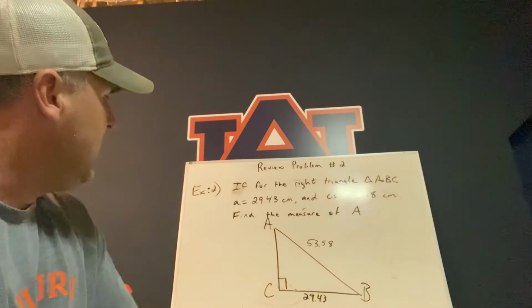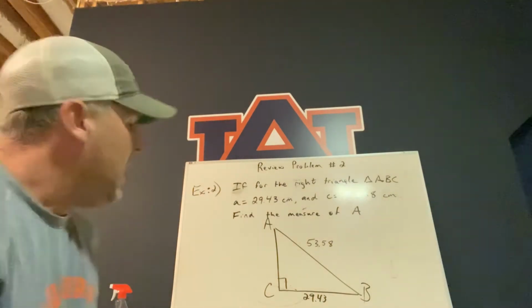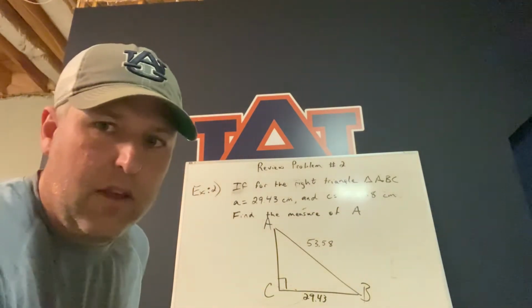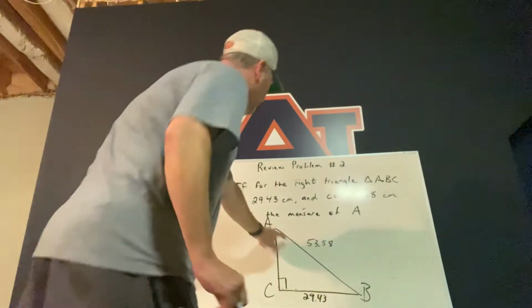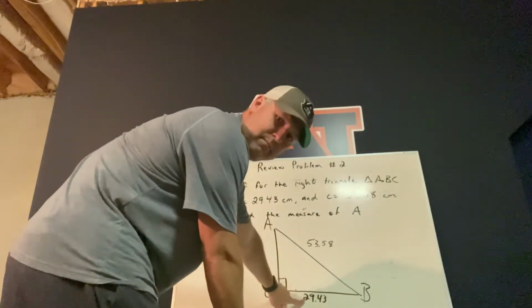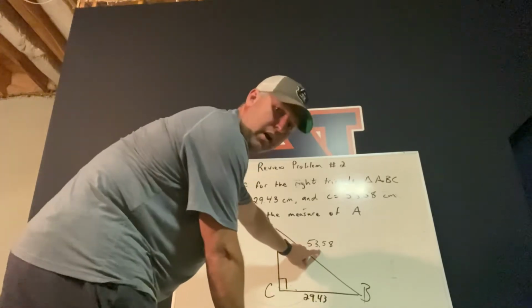To find angle A, I'm going to say, how do I find this angle given the 2 sides? Here's angle A. This side is opposite. This side is hypotenuse.